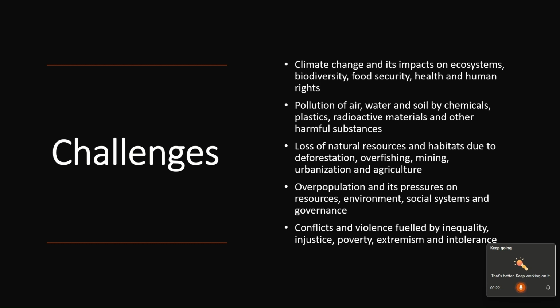Pollution of air, water, and soil by chemicals, plastics, radioactive materials, and other harmful substances. Loss of natural resources and habitats due to deforestation, overfishing, mining, urbanization, and agriculture. Overpopulation and its pressures on resources, environment, social systems, and governance. Conflicts and violence fueled by inequality, injustice, poverty, extremism, and intolerance.